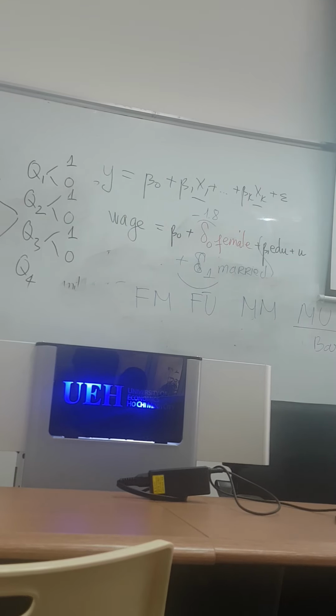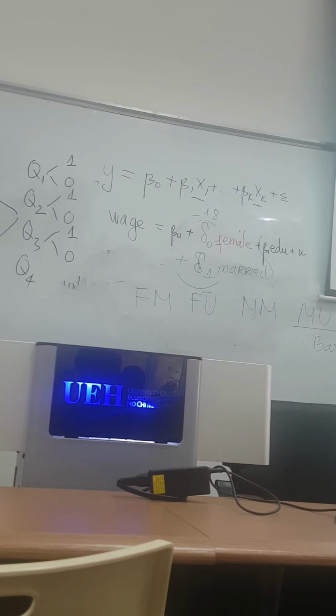So you can put the formula in Excel and create a new variable. If female equal to 1 and married equal to 1, that's female married, with the value of 1, otherwise it's 0. Then female unmarried: female equal to 1 and married equal to 0.